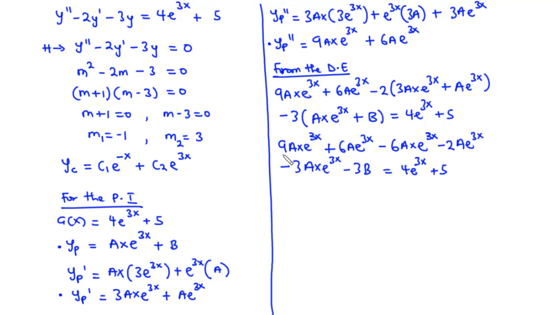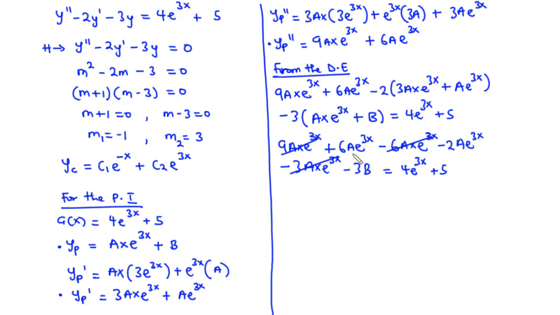Now here we have 9ax, we have negative 6ax, and then we have negative 3ax. So we can cancel out: 9ax minus 6ax is left with 3ax, and then minus 3ax.